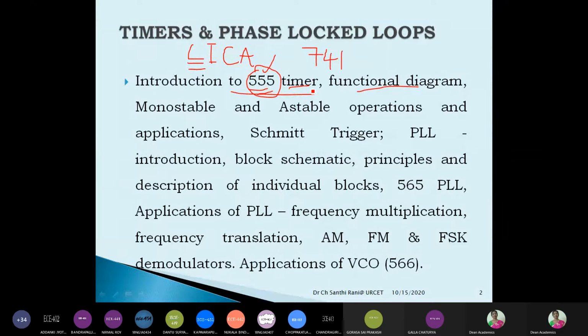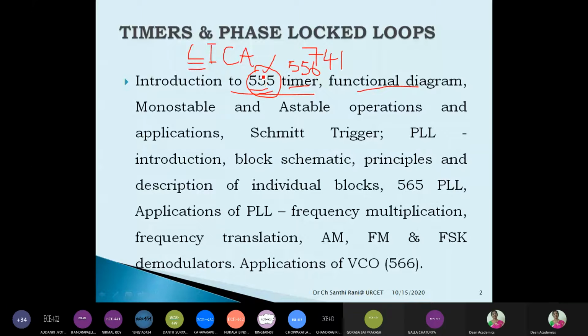There is also the 556: two 555 timers combined are named 556.